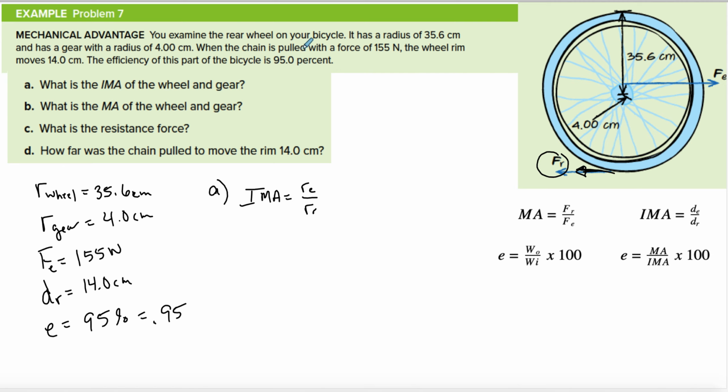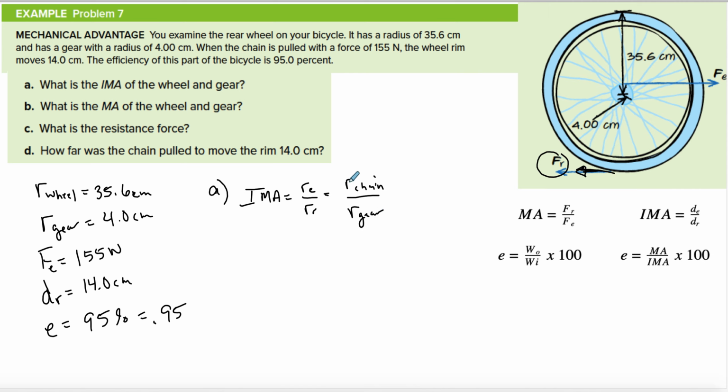That chain has to have some sort of effort force, so we'll have that as radius of chain. And then that's going to be the radius of the gear that we're working on.